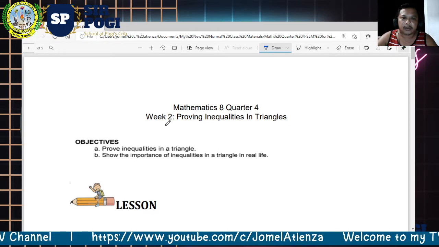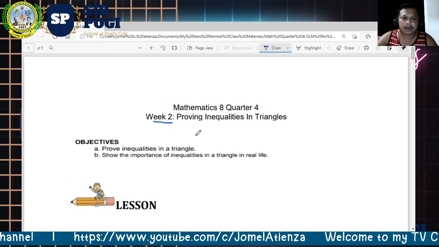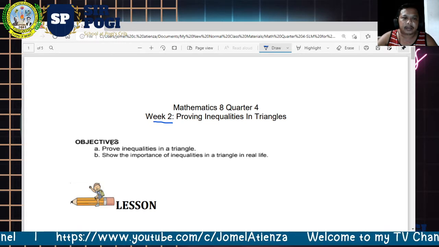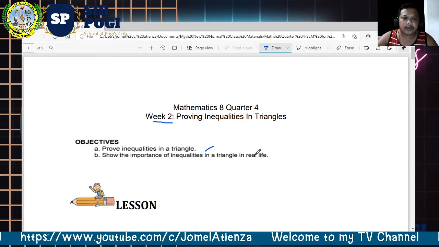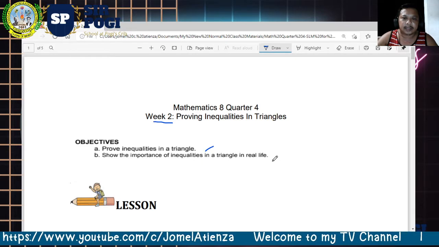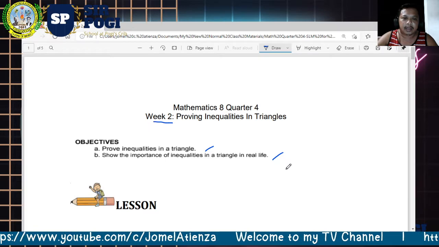So we are now on the second week of quarter 4. Our objectives are to prove inequalities in triangles and show the importance of inequalities in a triangle in real life.